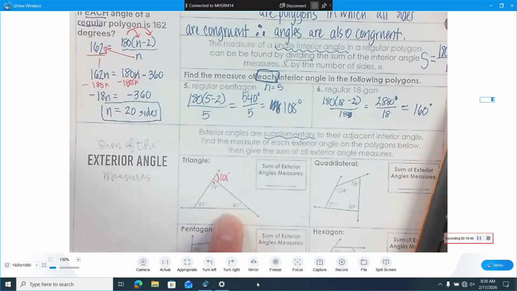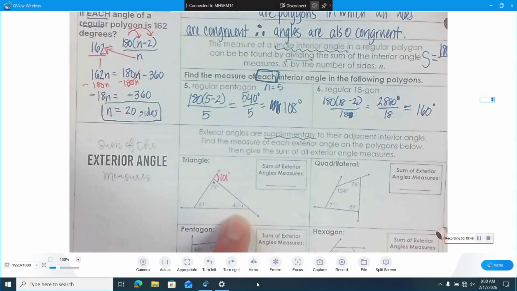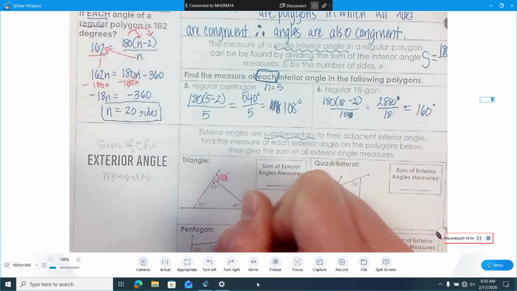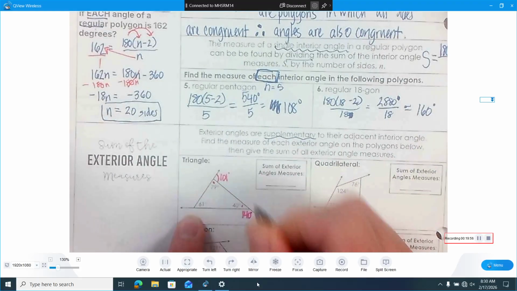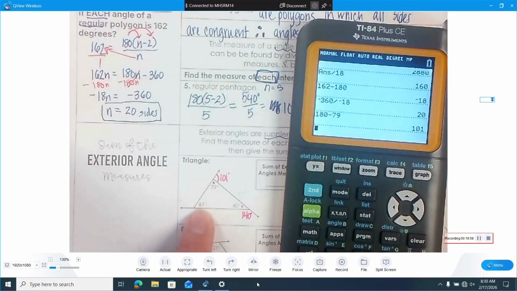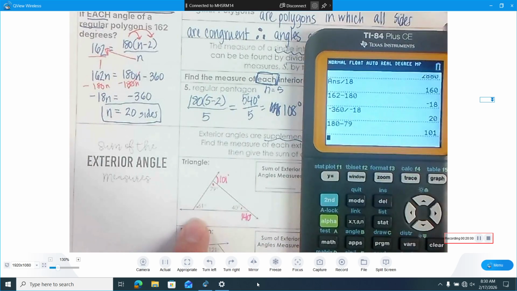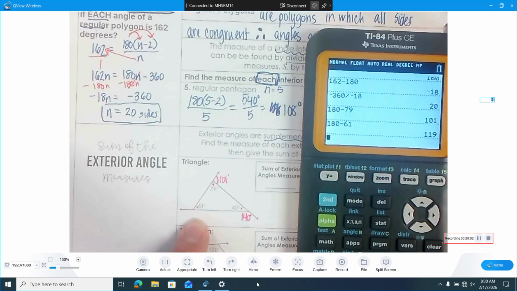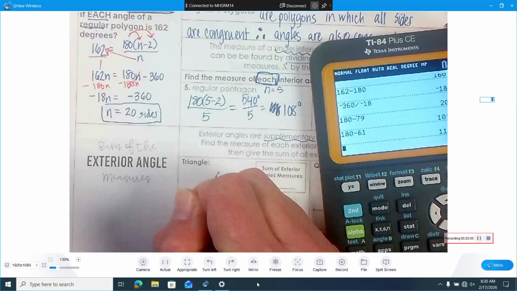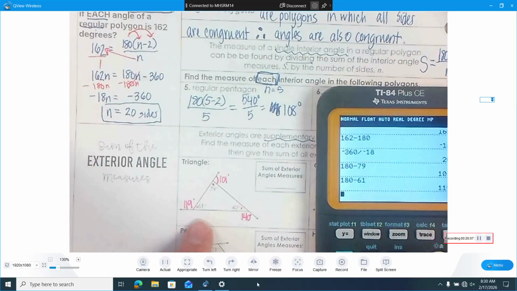All right, and if one side of my angle is 40 degrees, what's the other side? 140. Yeah, 140 degrees for this other exterior angle. And if one side of my angle is 61, 180 minus 61 gives me 119. Interesting.